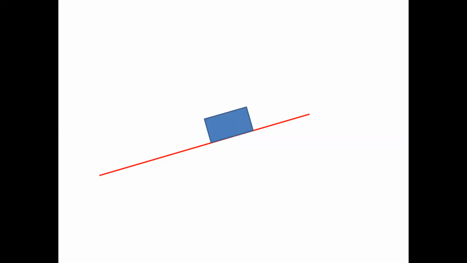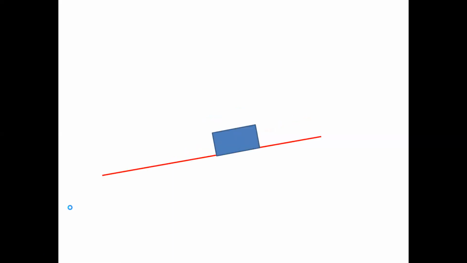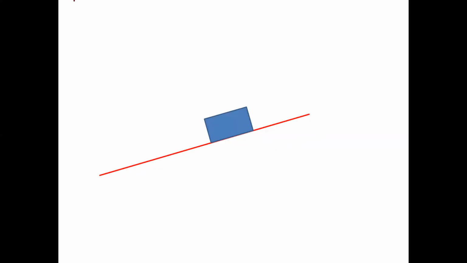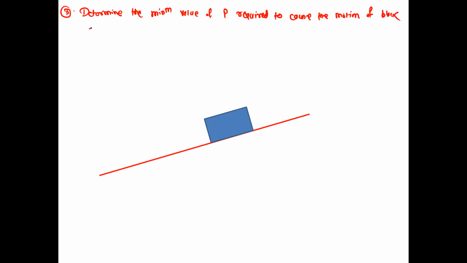Okay, so note down the next problem. In this problem, we have to determine the minimum value of the force P required to cause the motion of the block of 100 kg in the upward direction along the plane.